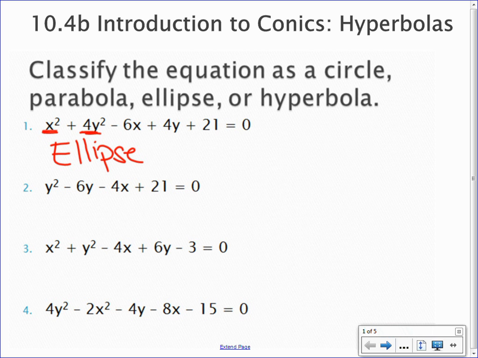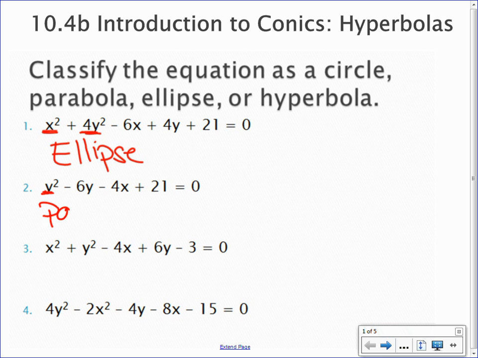Okay. Let's look at number two. Look at it silently. Is it a parabola? We have a y squared. Do you see an x squared?